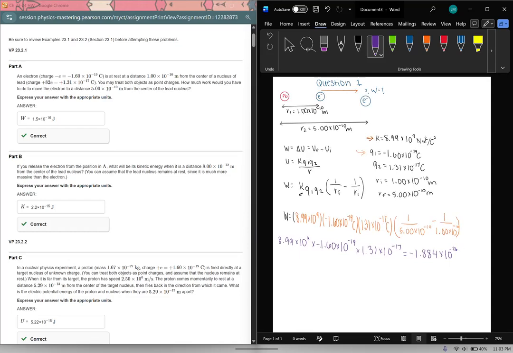Hold on, double check. Joules, I believe that's how you pronounce it. Yeah, joules meters. And then we're going to calculate the section here.